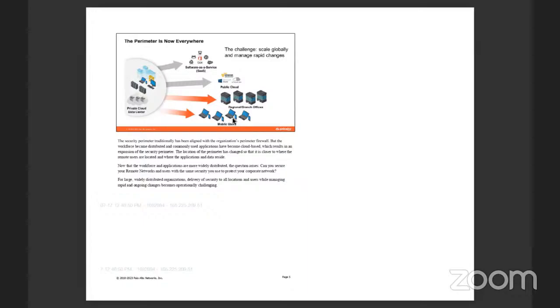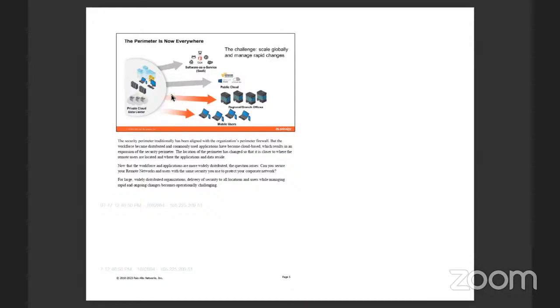It's no more like the user works from the office network. The user can work from anywhere, outside the network as well. So the definition of perimeter has changed, so that it is closer to where the remote users are located and where the applications and the data reside. So this is the current challenge with the traditional network.